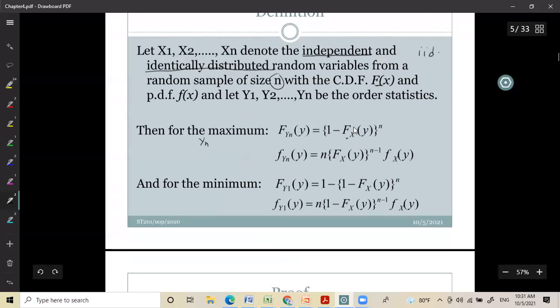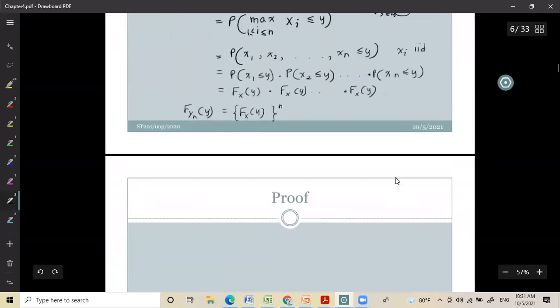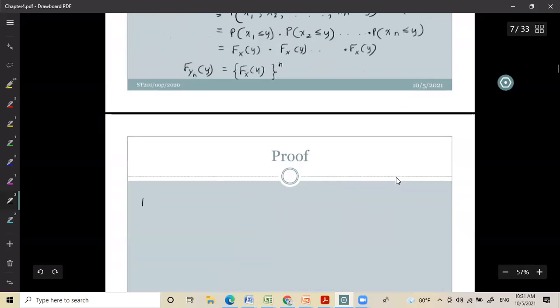Oh, this is wrong, right? So it should be just Fx(y) to the power n. And then you get the PDF of the maximum. How do you find that?